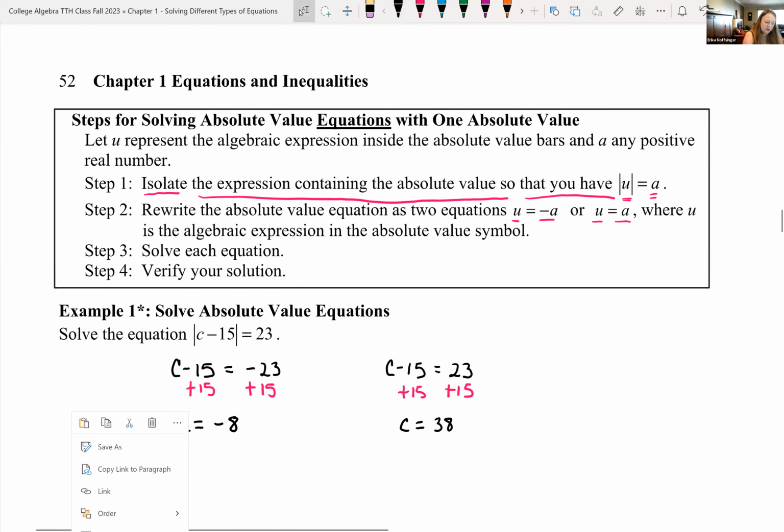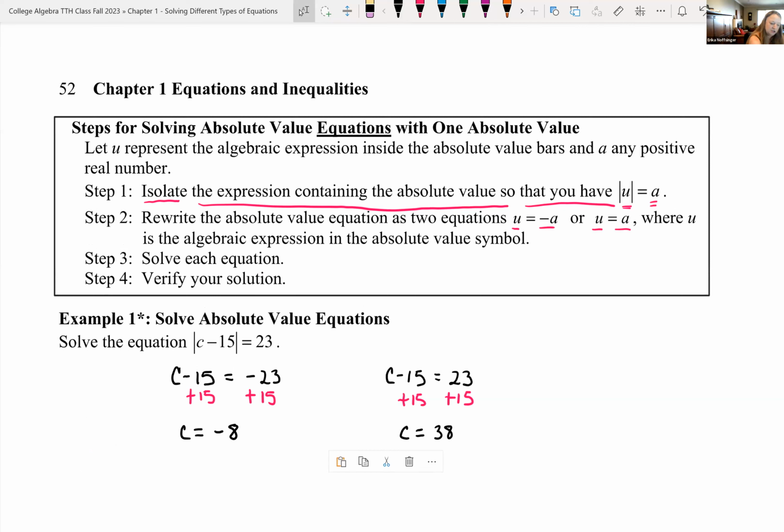We want to check and make sure our solutions work. So we're going back into our absolute value, and wherever we see a c, we're first going to plug in -8 and see, is this true? If we plug in -8, minus 15, is the absolute value of that 23?